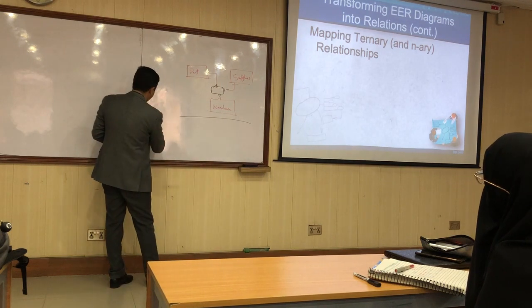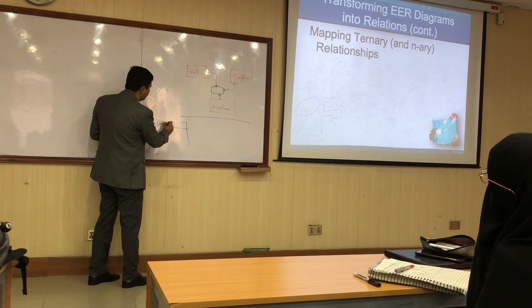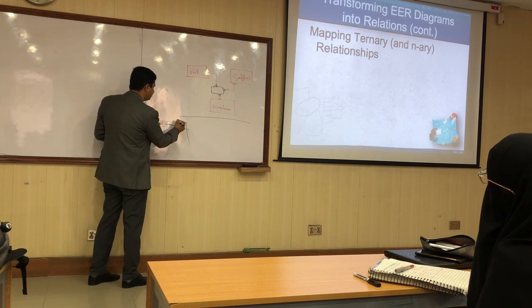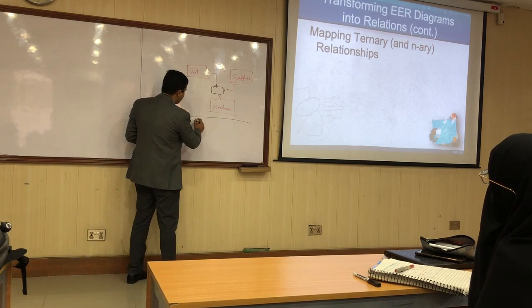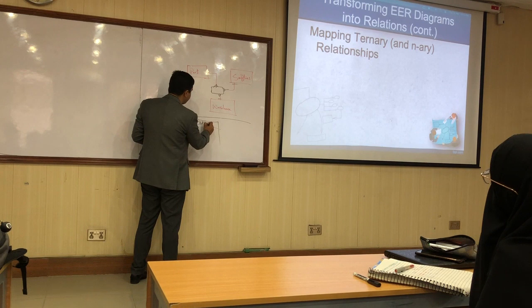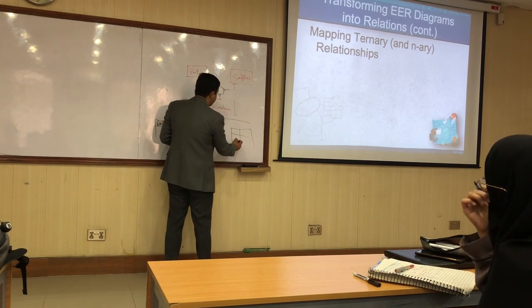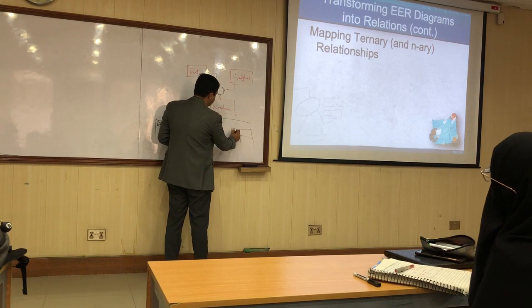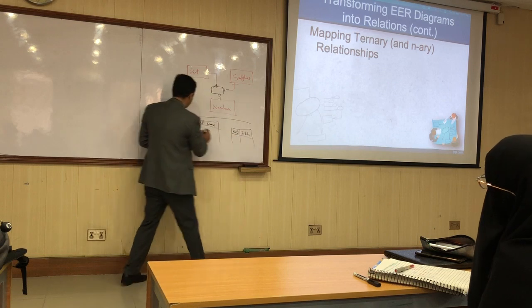Let's take this same example. We have a part relation, with for example part id as the primary key and part name and some other attributes, title for example. We have another relation, a supplier relation. For example, supplier id is the primary key and name is another attribute. And we have for example warehouse as the third relation. Warehouse id is the primary key, and title is another attribute.